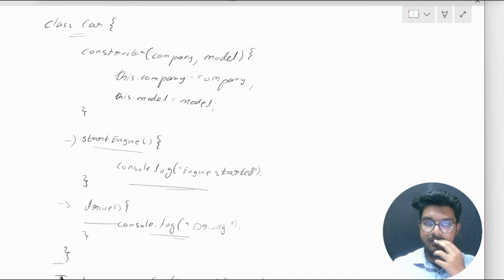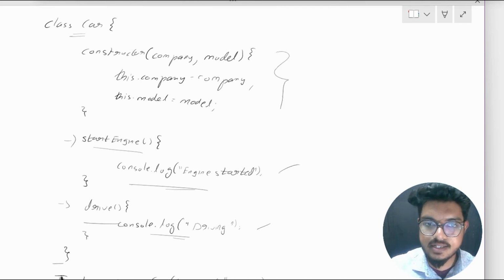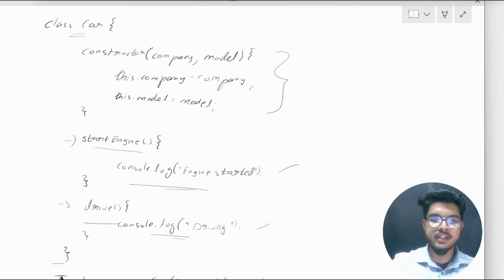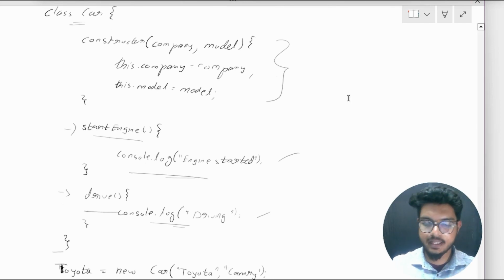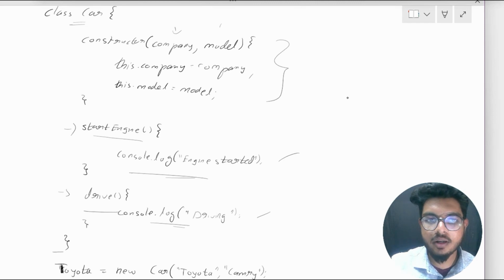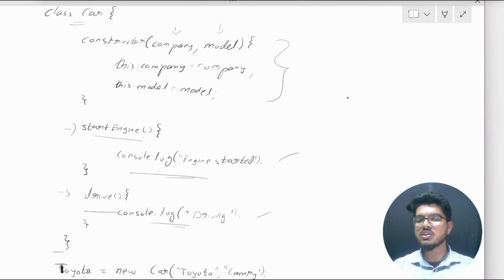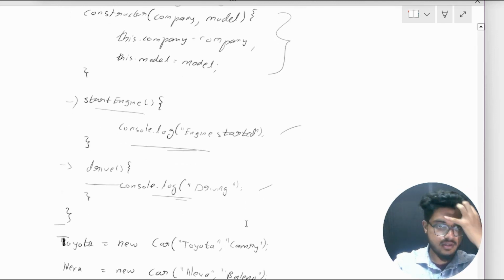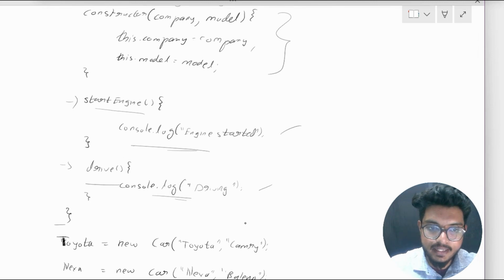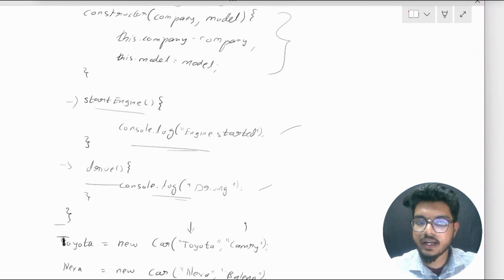Okay, then the main concept to understand is this one, a bit complicated. For example, it is taking two parameters, company and model. You may be wondering from where these values will come. While you are creating the object, the runtime entity of it, you have to pass two values: the company name of the car, that is Toyota, and the model.